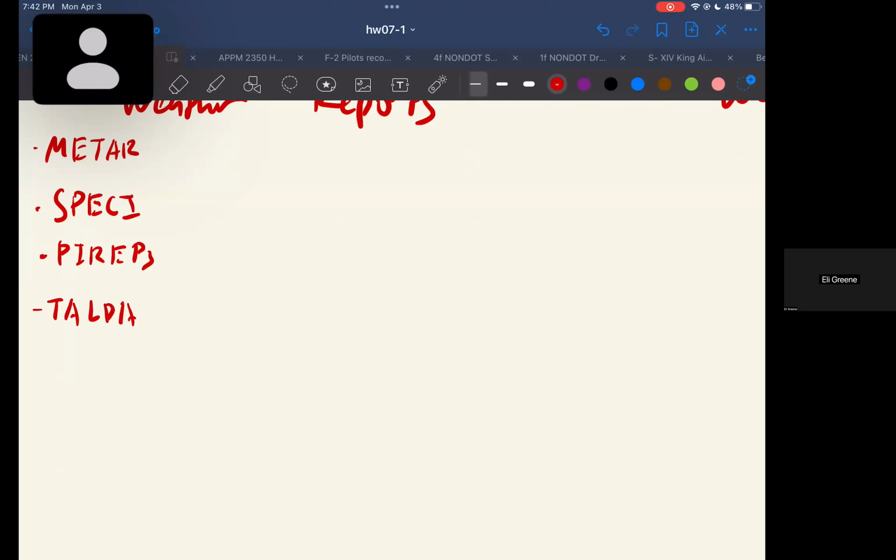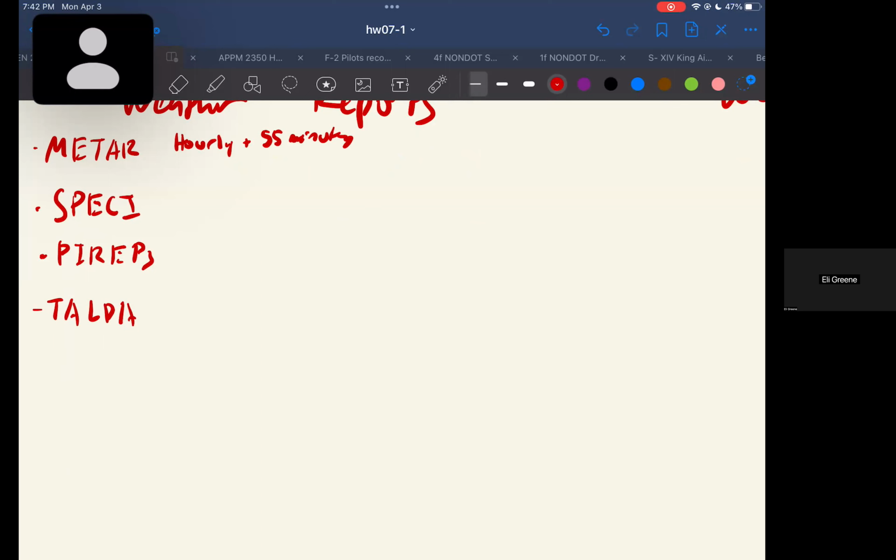Okay, so METARs are normally released at the hour plus 55 minutes, but they're sometimes released more often than that. What that means is they're released every hour on the 55th minute of the hour, or approximately that.